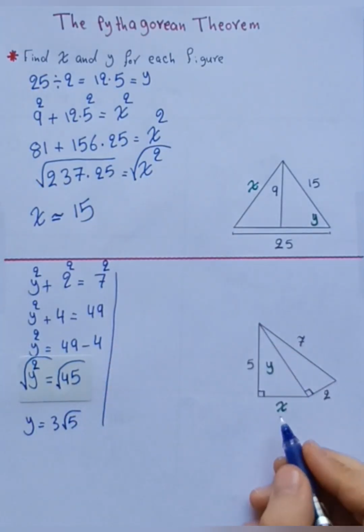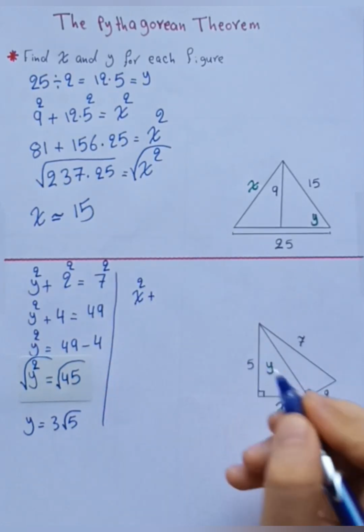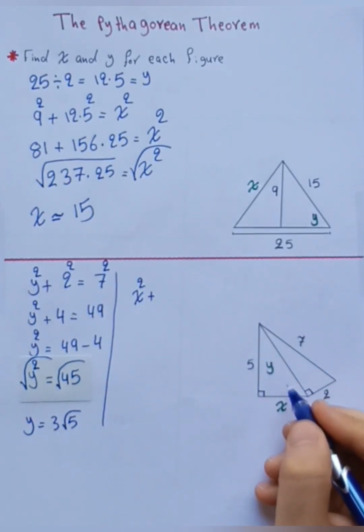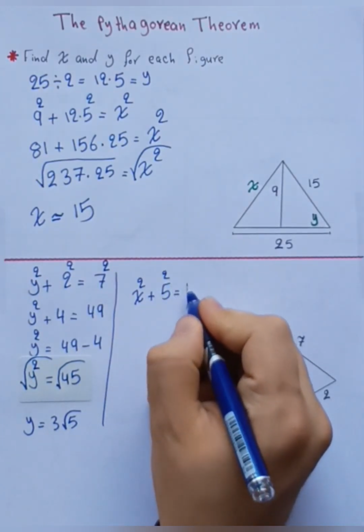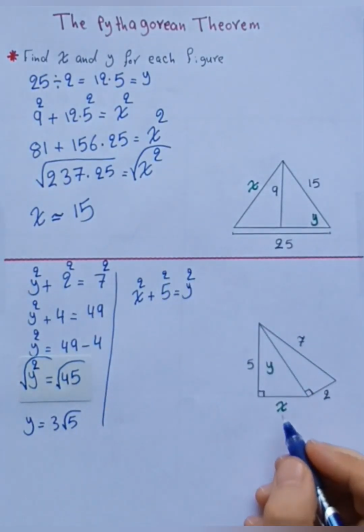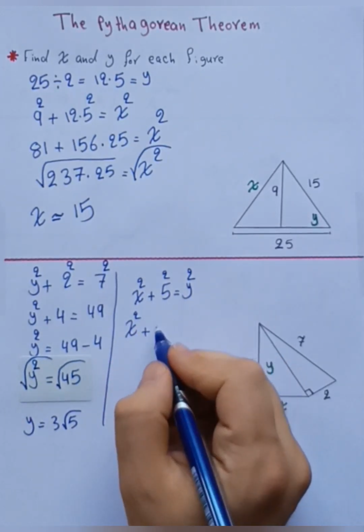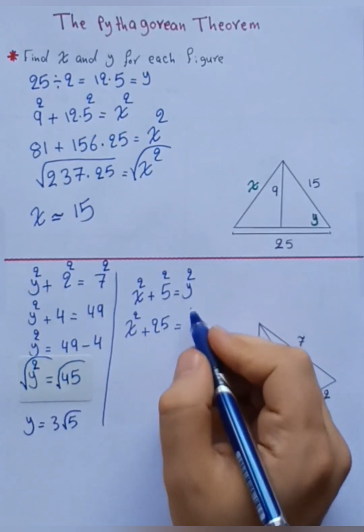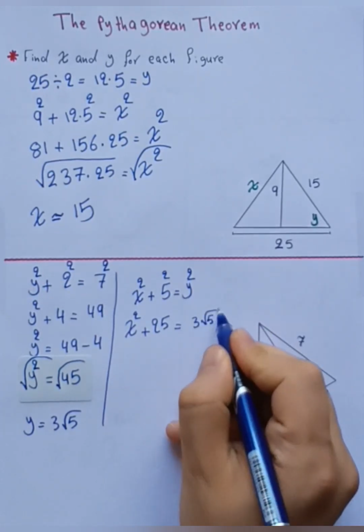So we can write x squared plus 5 squared equals y squared.